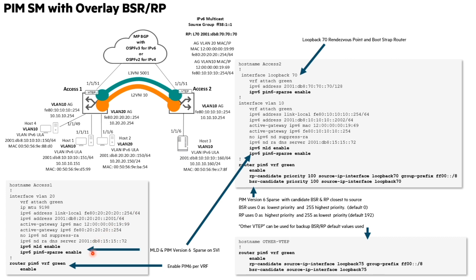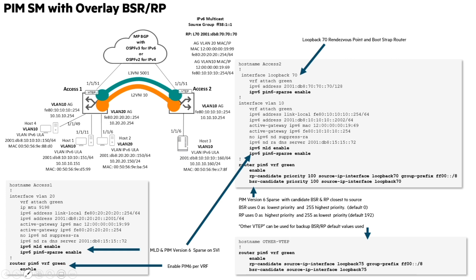So you can see that I've enabled IPv6 PIM6 sparse enable on access 1 SVI, VLAN 20 SVI, and we also enable IPv6 MLD enable. And then from a layer 3 perspective, we also have to enable a PIM6 process, and we just enable a router PIM6 in a specific VRF if you've defined a VRF, and then enable it.